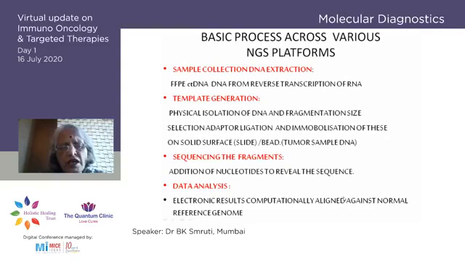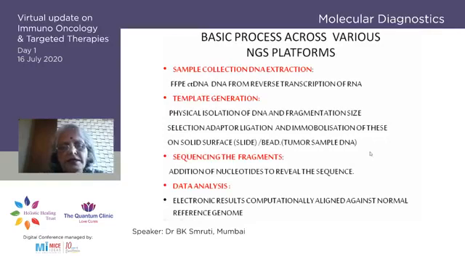Now, the nucleotides, as I said, could be using fluorescent dyes. It could also use what are called pyrophosphate or H ions. So these are different techniques, and they differ according to the NGS platforms that one uses. Finally, you come to the last part and the most difficult of all, and that is the data analysis.